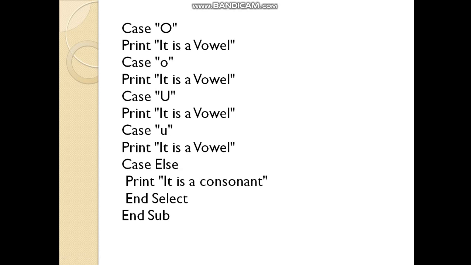The statement in the case else block is print it is a consonant. If it doesn't match any of the above cases, it is not a vowel, which means it is a consonant. That is what we have written under case else, and this is the end select.